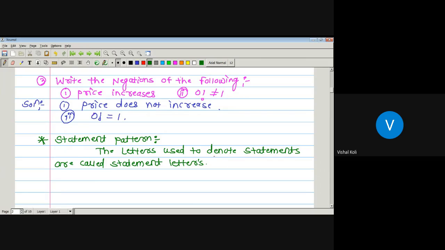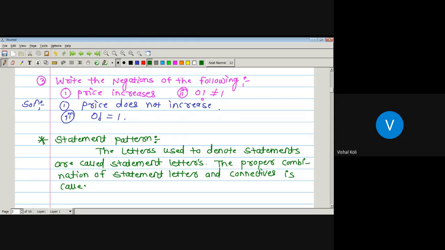The proper combination of statement letters and connectives is called a statement pattern.